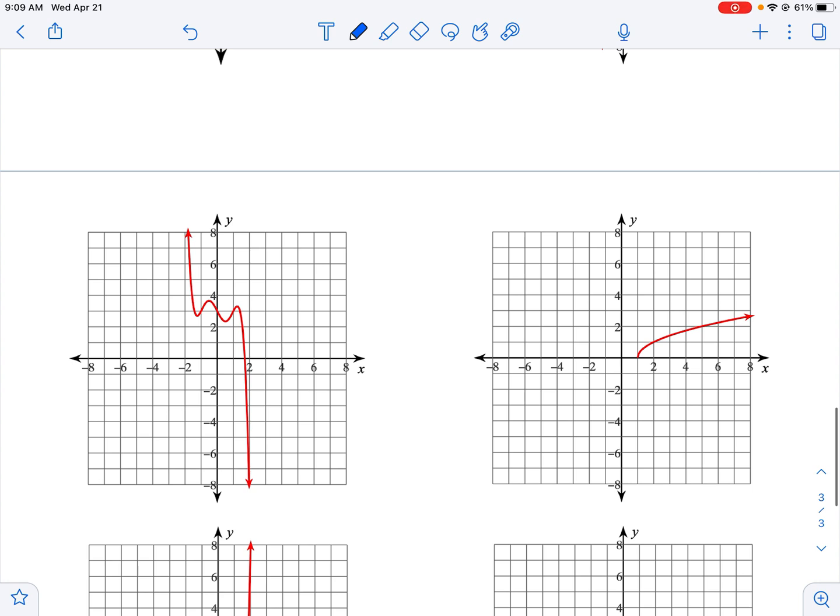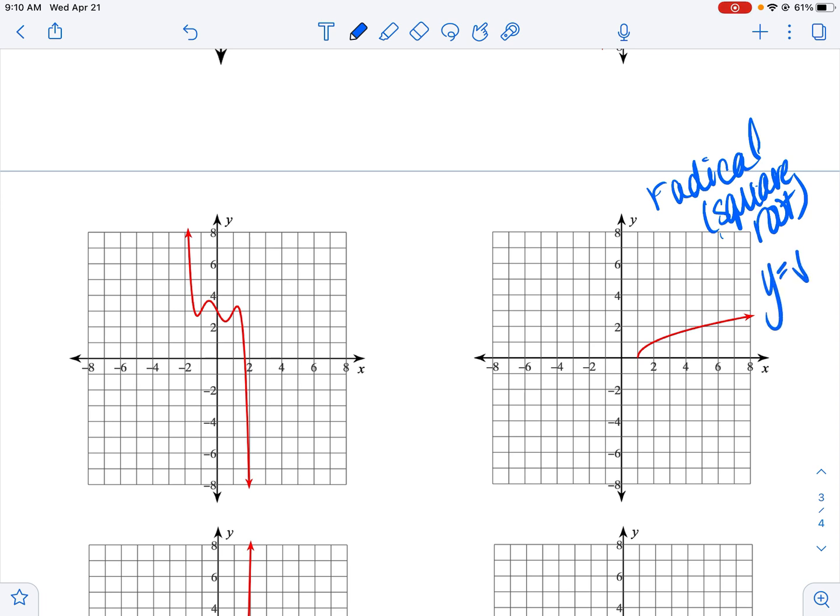Let's go down to this one. This is a radical. This is a square root function. So this is the radical, or we can call it square root. So the parent function for this is y equals the square root of x.